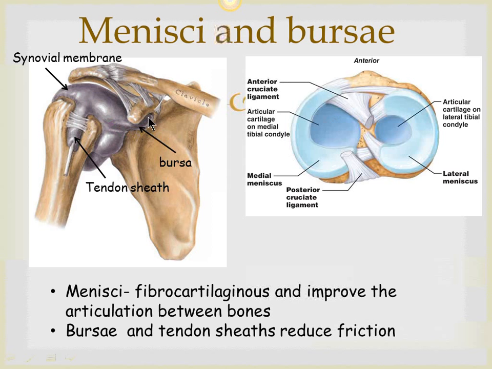Can you see this little pocket going out? That's because there is a big muscle which attaches here, and this muscle passes across and goes to the humerus this way. This muscle would constantly rub on bone if this bursa was not there. But because this bursa is present between the muscle and bone, it helps to reduce friction. Otherwise, there would be too much wear and tear on that muscle.